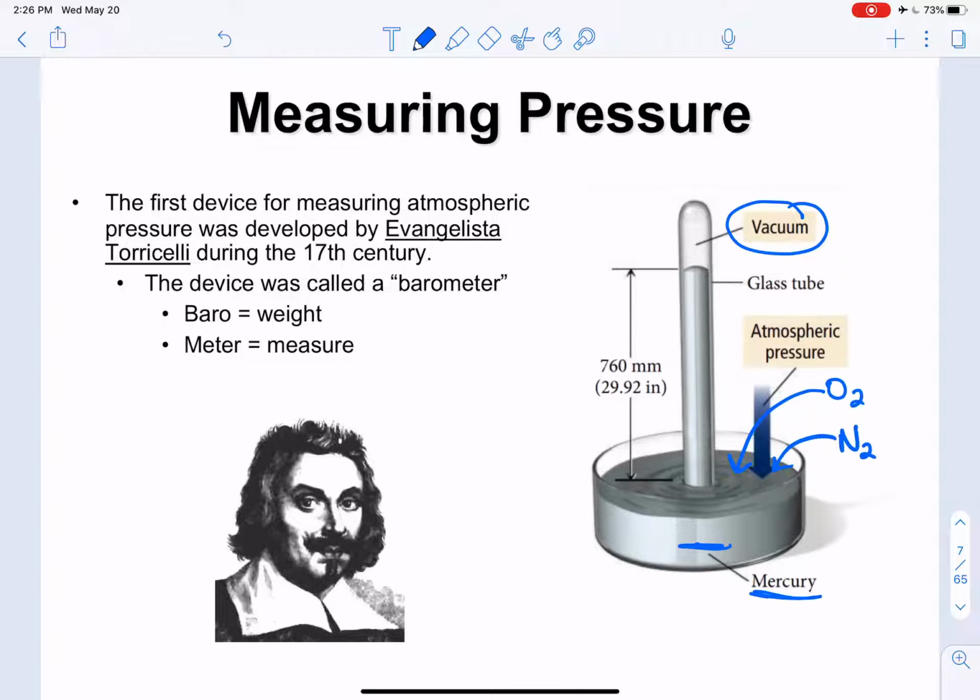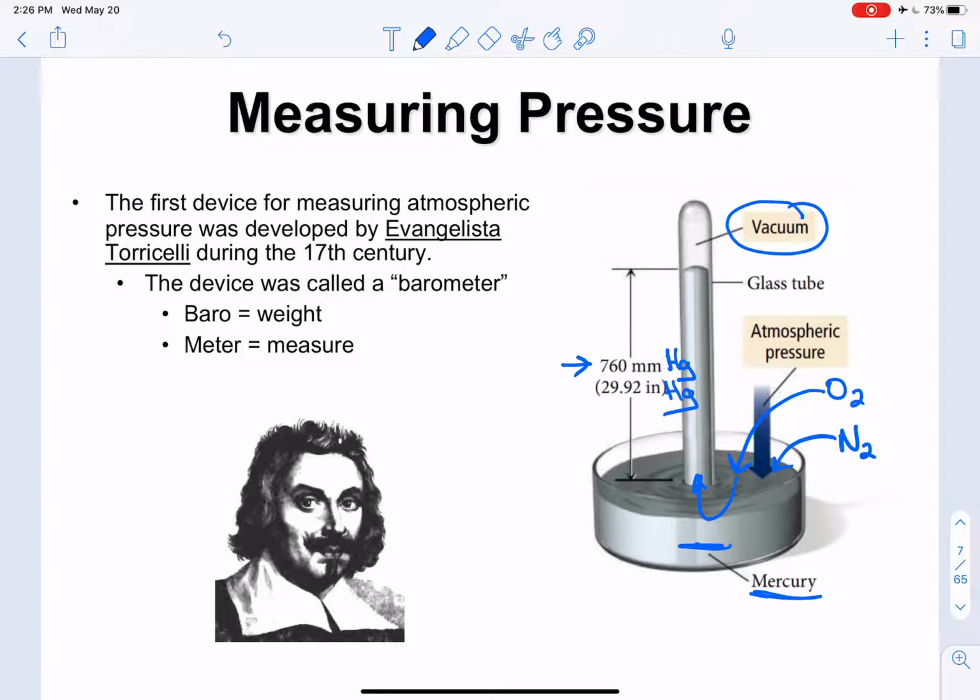And it's keeping this mercury in here up a certain distance. So at sea level, the average barometric pressure is about 760 millimeters. So that's 760 millimeters of mercury, or 29.92 inches of mercury.